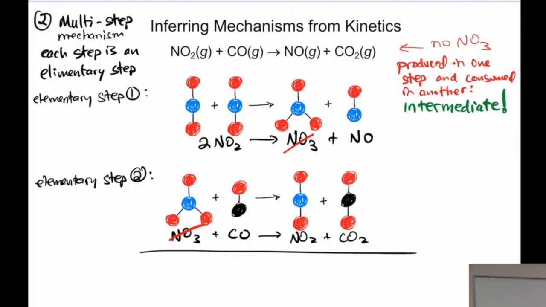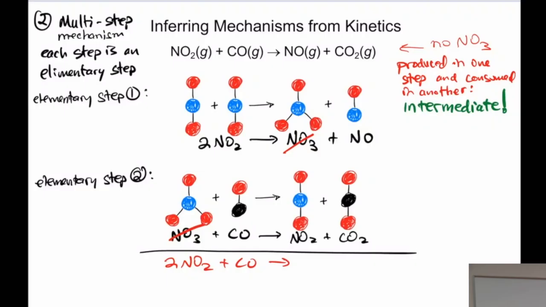One thing, though, for any proposed mechanism like this, a requirement is that the steps need to add up to the reaction that we're trying to describe. So let's make sure we do that. So we have 2 NO2 plus CO goes to, wait, there's a mistake here.